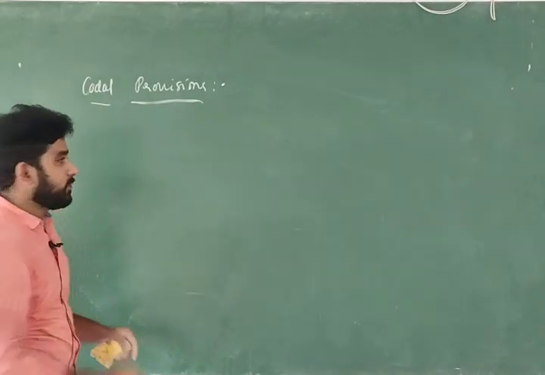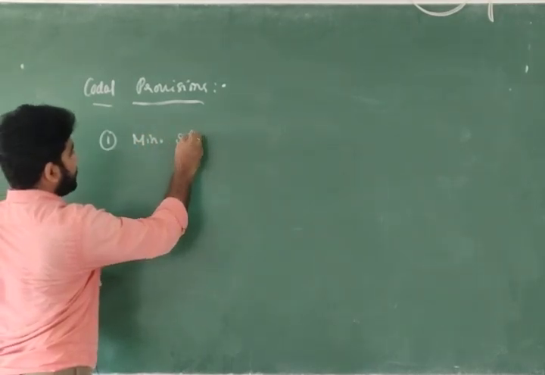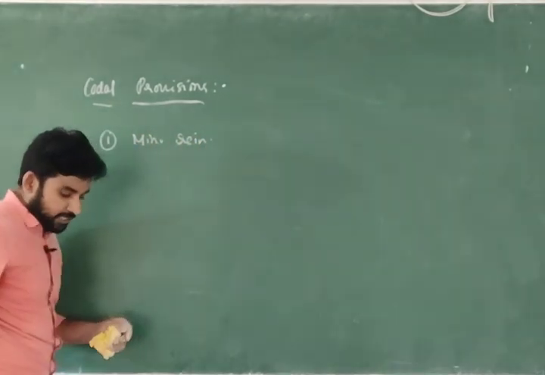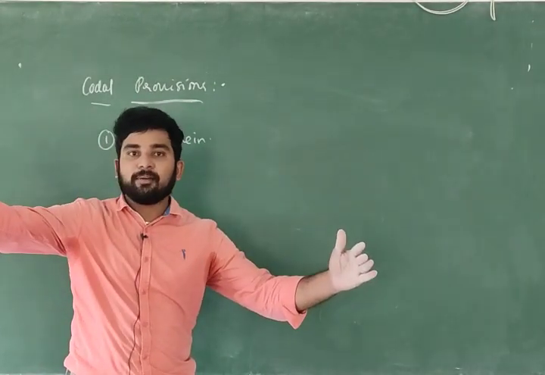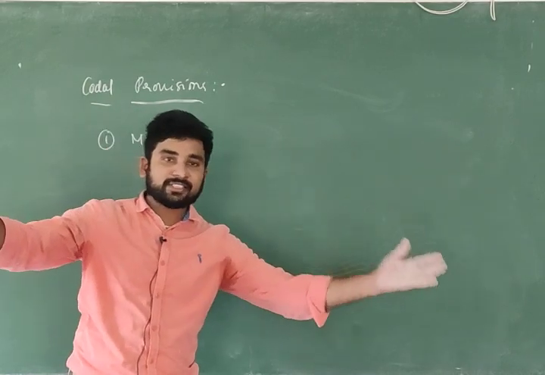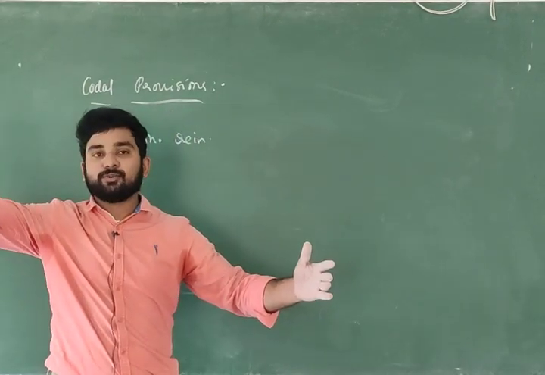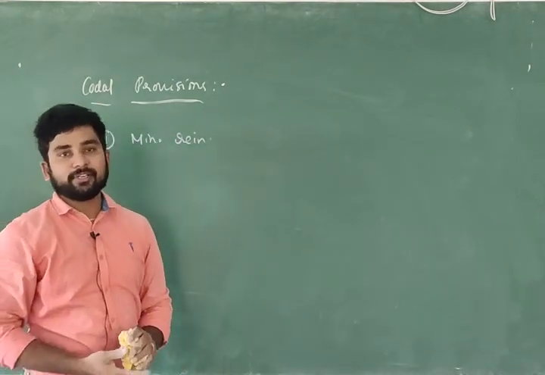Codal provisions. First one is minimum reinforcement. Please understand, in RCC there is a lower limit and an upper limit. We use values in between only: not less than the lower limit, not more than the upper limit.